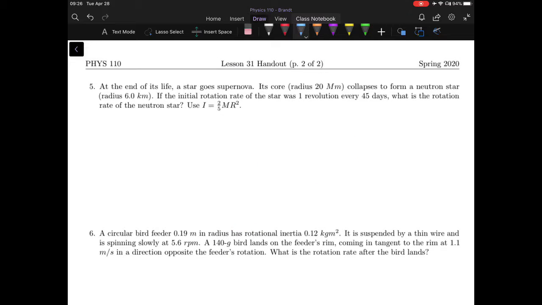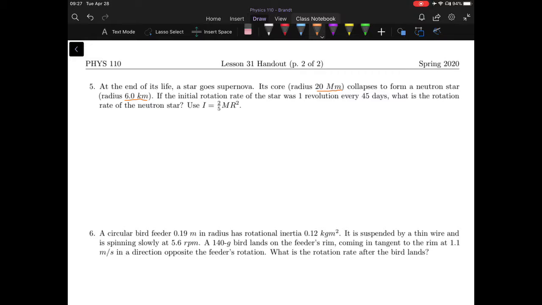All right, for problem 5, we've got a star going supernova, so its core is going to collapse from this rather large value of 20 million meters all the way down to 6,000 meters. We know the initial rotation rate, so we're trying to find the rotation rate of the star afterwards.